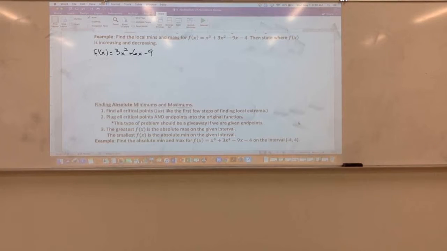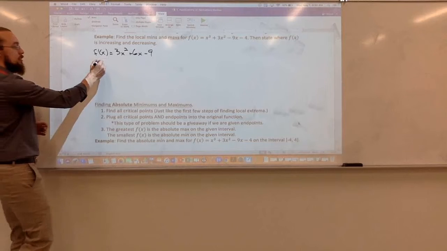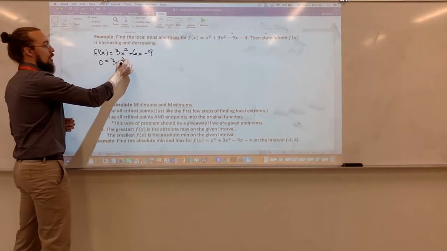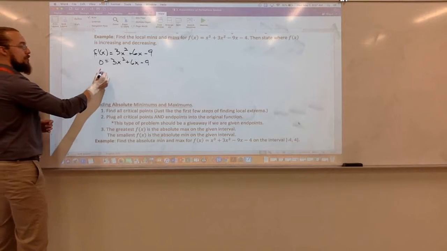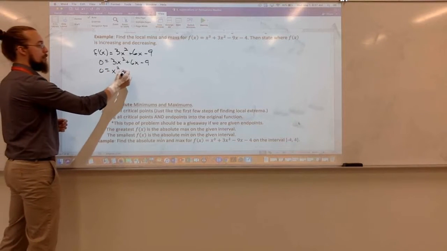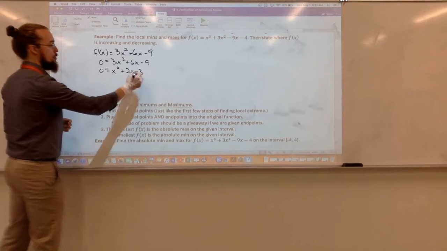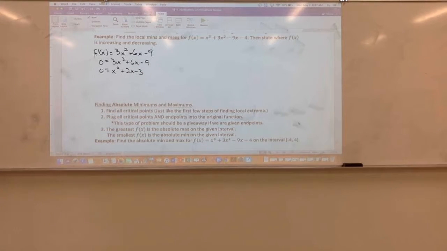So set that derivative equal to 0 now. And I can divide out a 3. That should make this a lot easier. Right? And I would just get x squared plus 2x minus 3. Then I think this one factors.